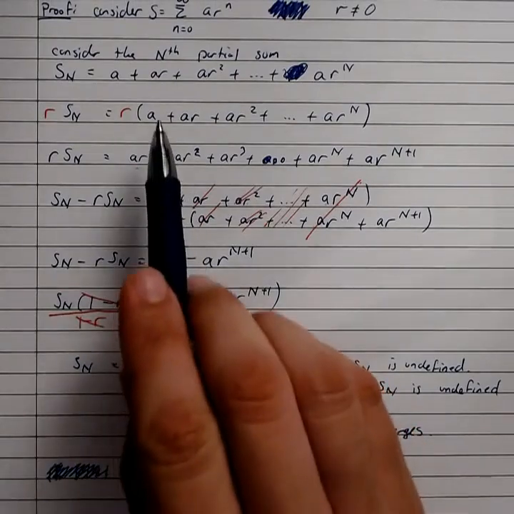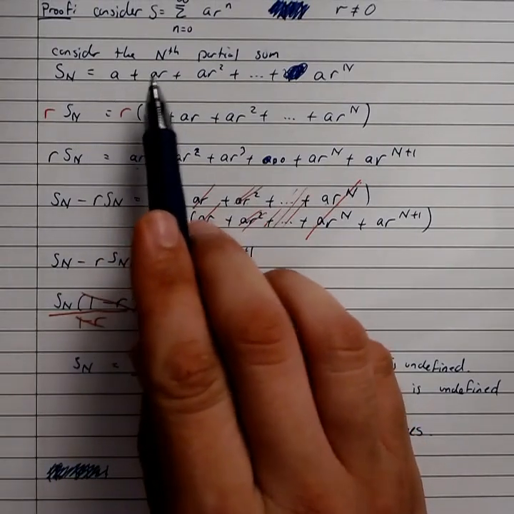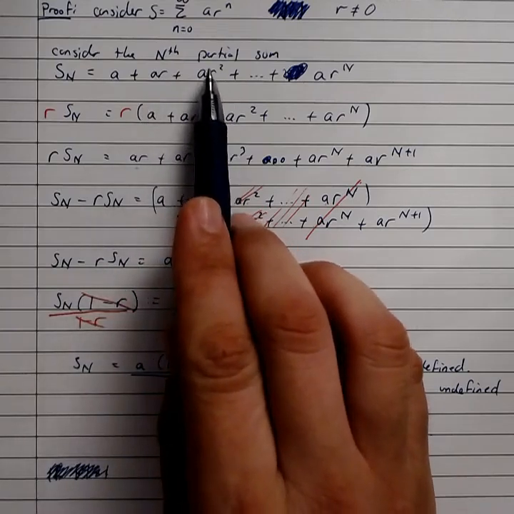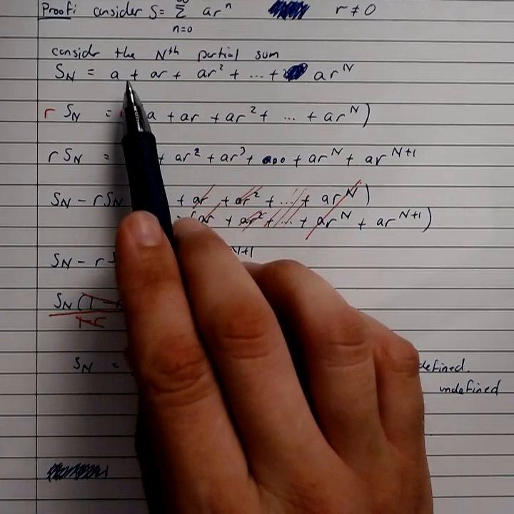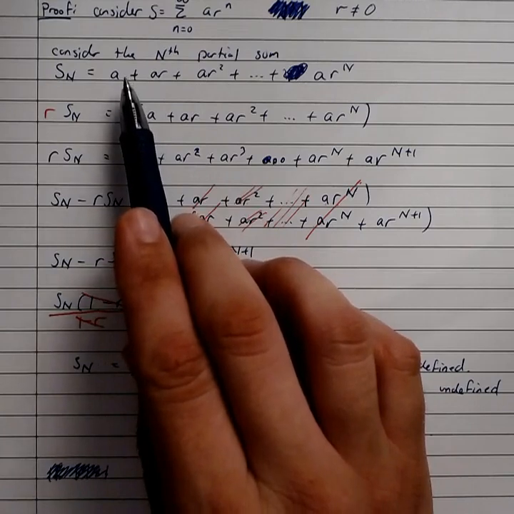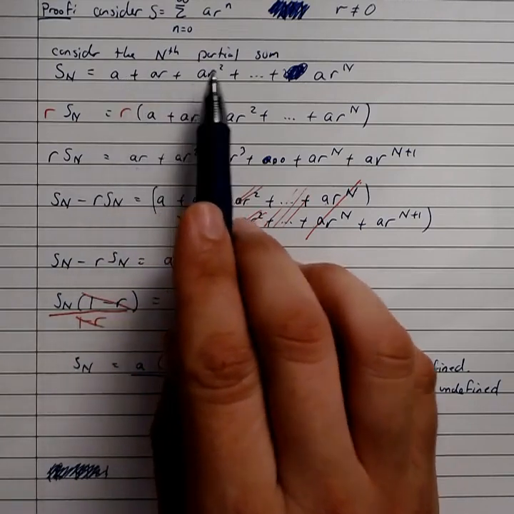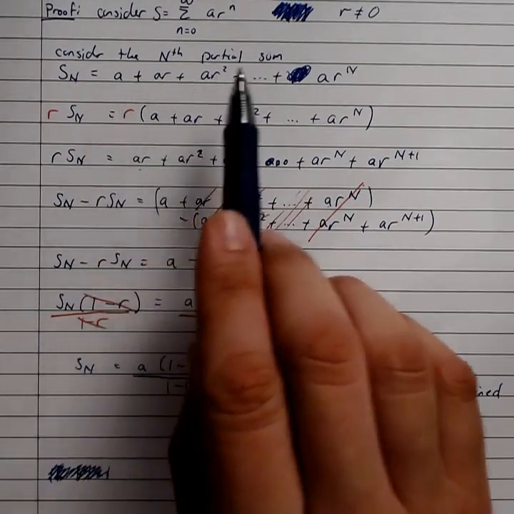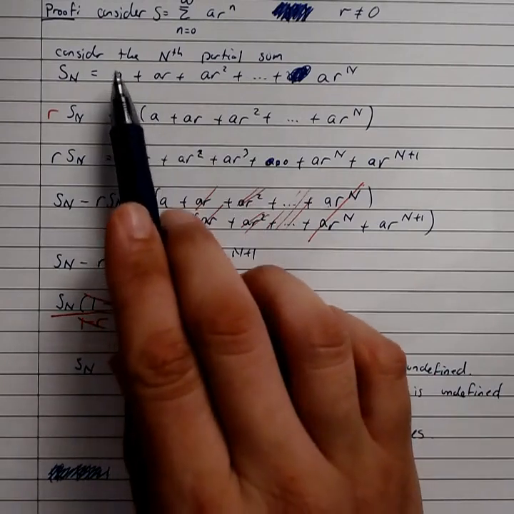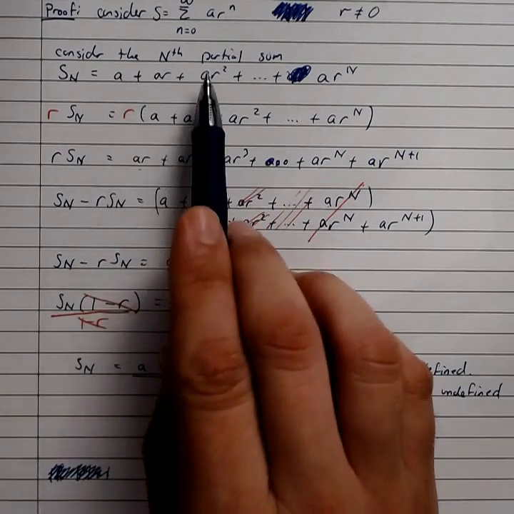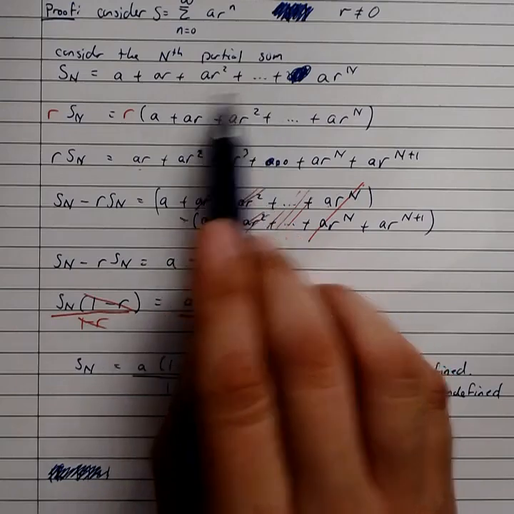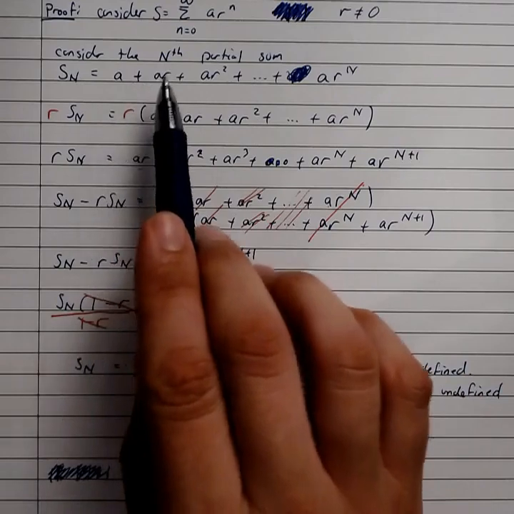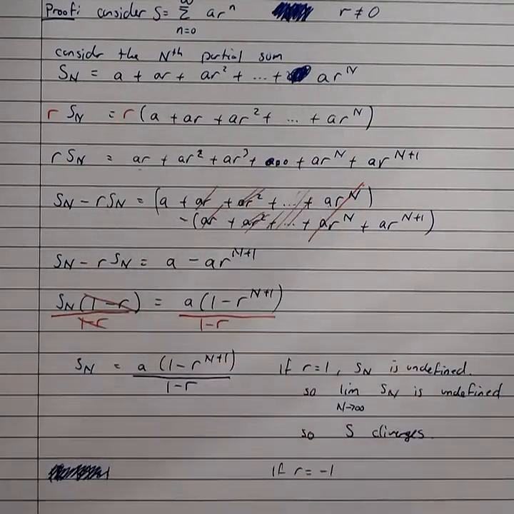That's A plus negative A. But now negative 1 squared is positive 1. So if it's negative 1, it's going to be A, negative A, A, negative A. When I add these together, I'm going to start with A, then 0, and then another A, and then 0 again. Every other term will cancel out.